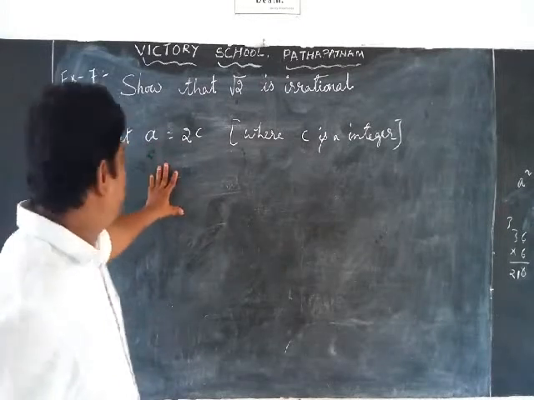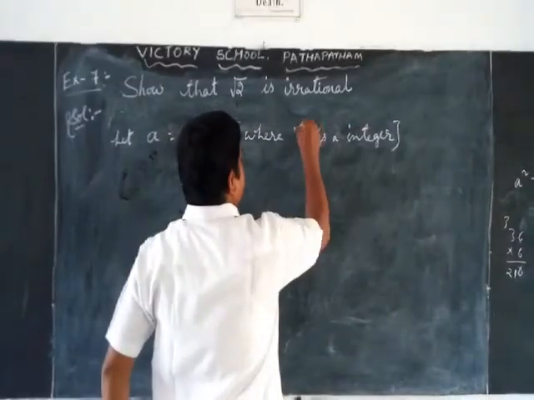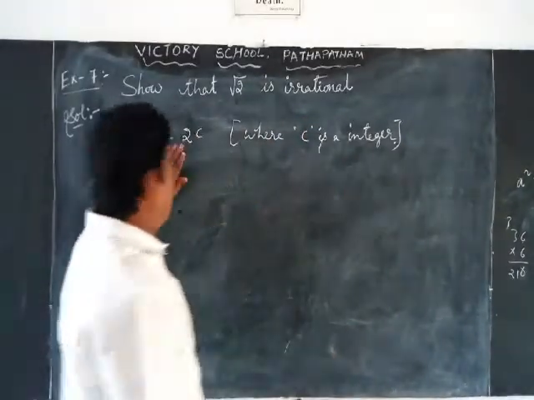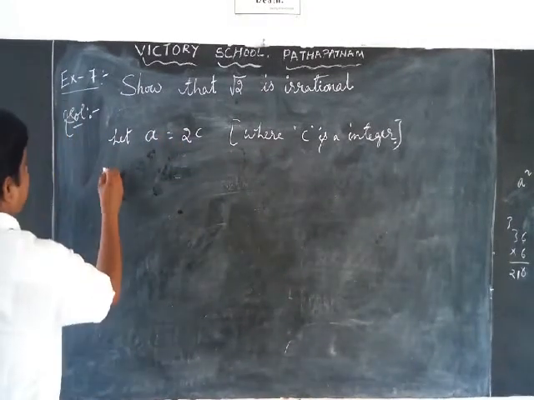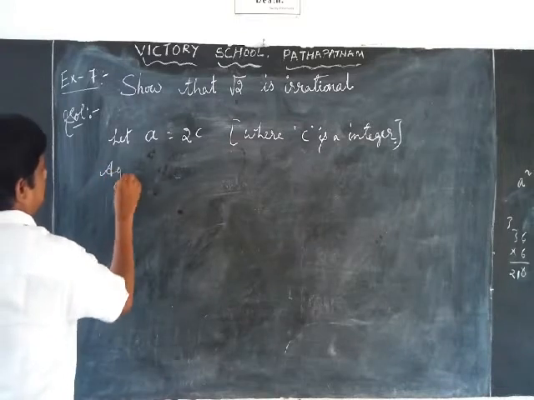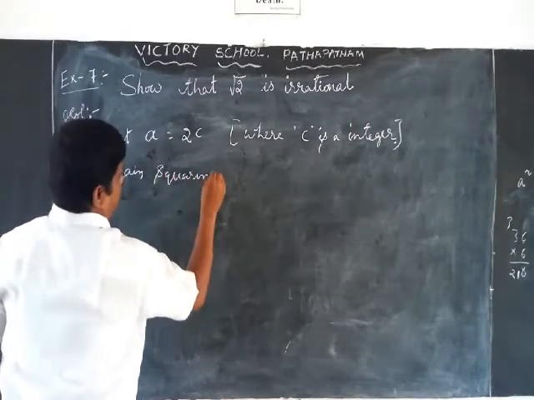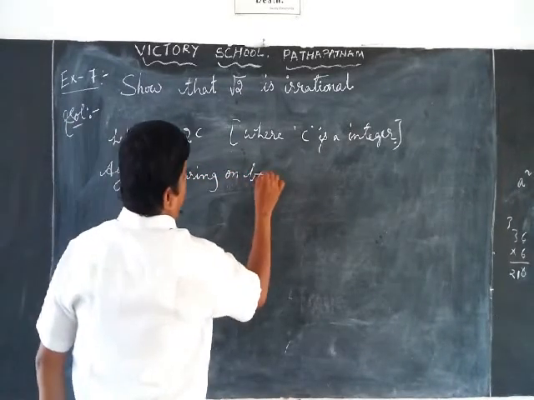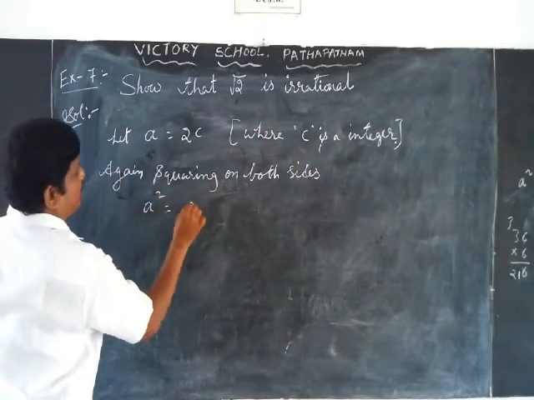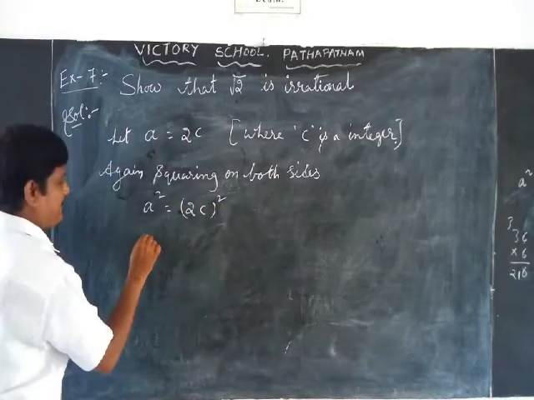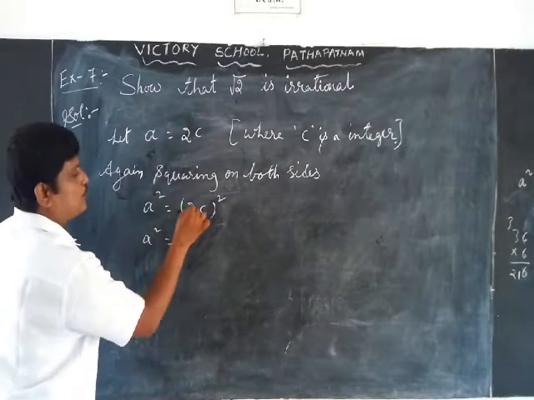Okay, this continues. Let a equal 2c, where c is an integer. Now squaring on both sides again. A square equals 2c whole square. A square equals 4c square, since 2 twos are 4.